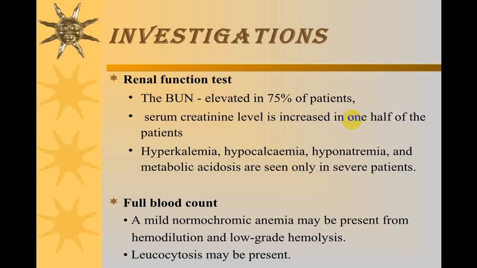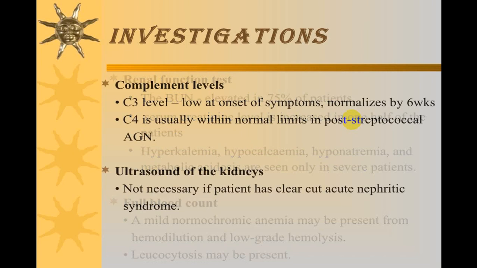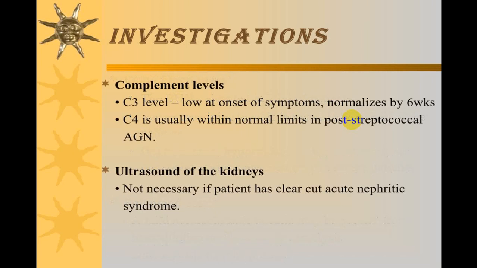Blood count usually does not help much, but leukocytosis is very commonly seen in acute glomerulonephritis. Complement levels will be markedly reduced. Ultrasound showing a small kidney with scarring is more in favor of chronic glomerulonephritis.